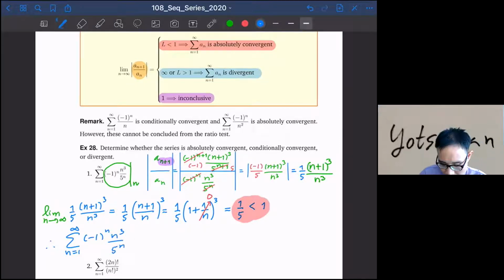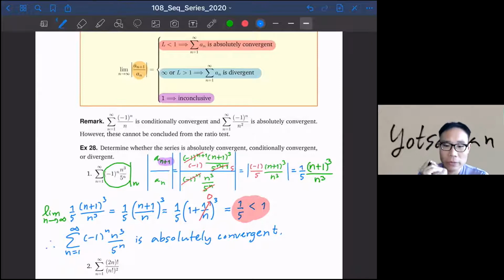So this is the situation when you have to use the ratio test and you compute the limit of the ratio between a_(n+1) over a_n.